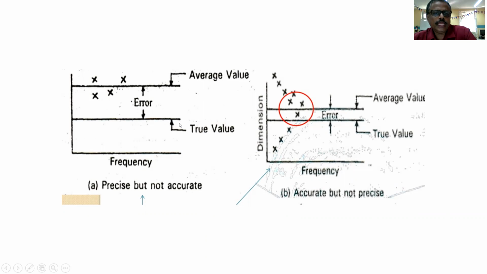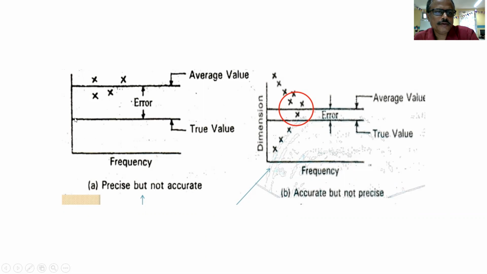Generally in measurements, we take a series of readings. You all know that. In any experiment, we repeat that experiment for 3 sets of readings or 5 sets of readings. Then we take the average of those readings. That average is shown here as the true value.